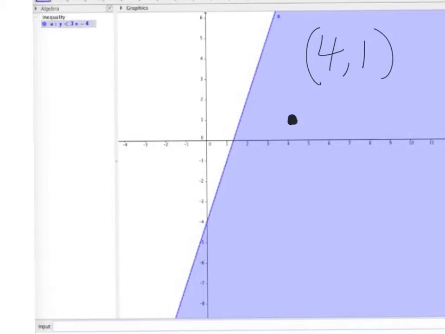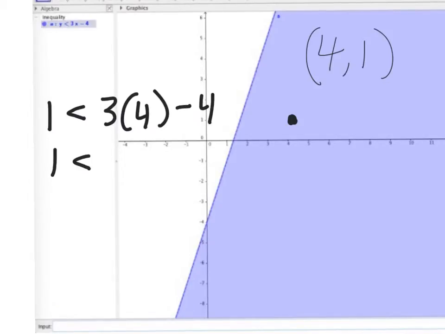That means it's part of the solution. So I plug the 4 in for the x and the 1 in for the y, and I get that 1 is less than 12 minus 4, which is 8, and that's true. If I was to plug in a point in the white part over here, or actually on the line itself, it would not be true because it's not inclusive.